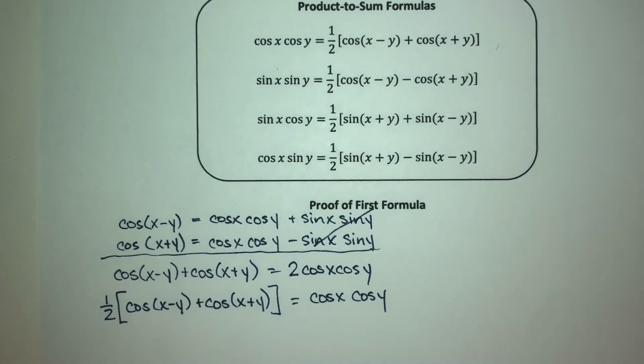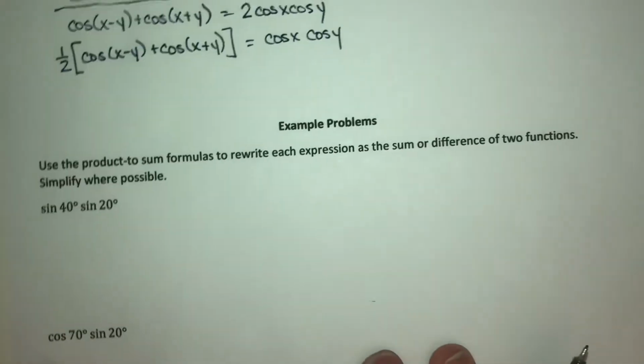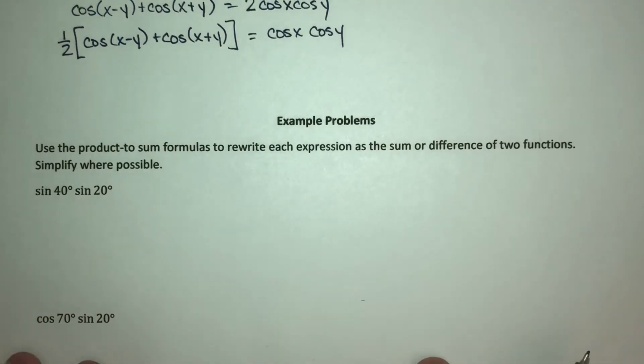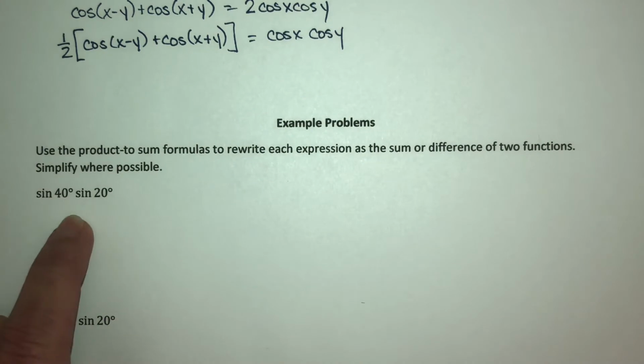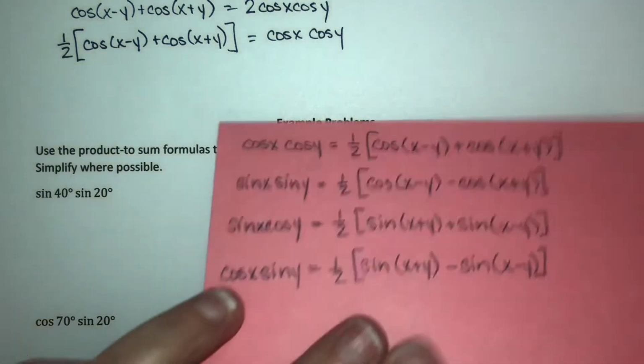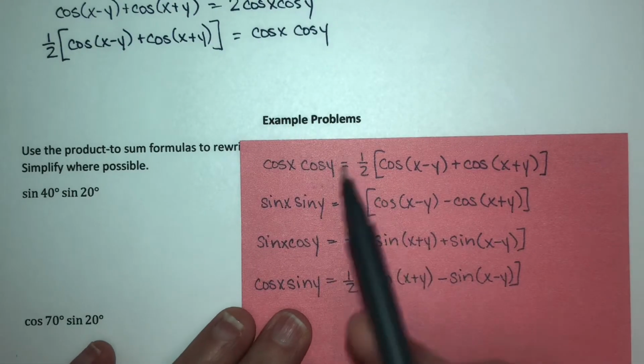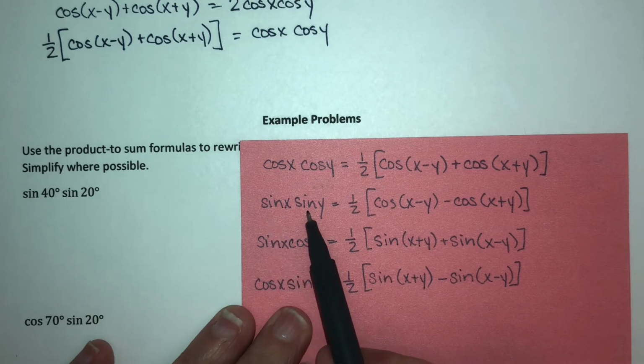Okay. Let's look at an example problem. Use the product to sum formulas to rewrite each expression as the sum or difference of two functions. Simplify where possible. So we're not always going to be able to simplify here. If we look at sine of 40 degrees sine of 20 degrees, here I have a sine times a sine.